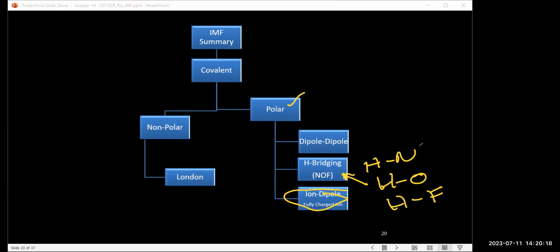That means all the others are simply dipole, okay? Now, the other aspect about the first three, the London dispersion forces, the dipole, and hydrogen bridging, is the strength of that interaction. The London dispersion forces have the weakest force, and the strongest force is the hydrogen bridging with the dipole somewhere in the middle, okay?